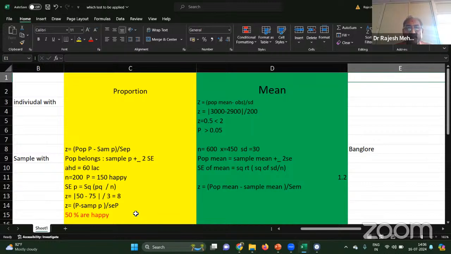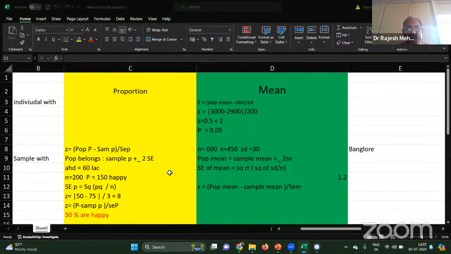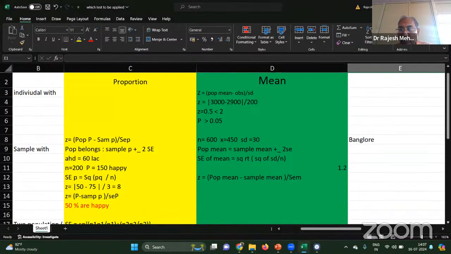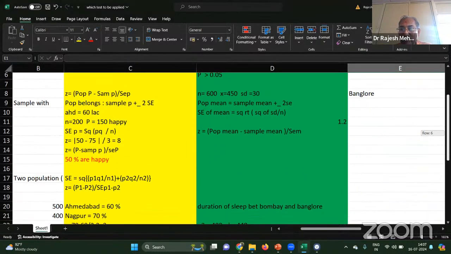What is your answer? Or can you write a formula for Z? Dr. Nidhi, Meenakshi, Dr. Saranya, or you can say do not know.